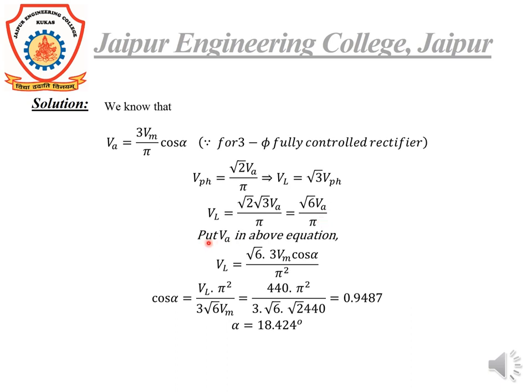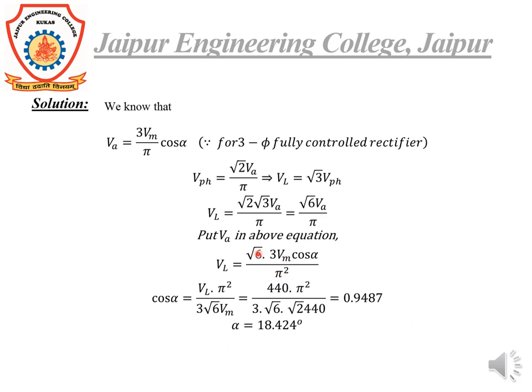Now put VA in the above equation, that is, I will replace this VA with 3 Vm cos alpha divided by pi. So VL is equal to root 6, instead of VA I have placed 3 Vm cos alpha, divided by pi, and since we initially have pi in the VL equation, it is pi squared.